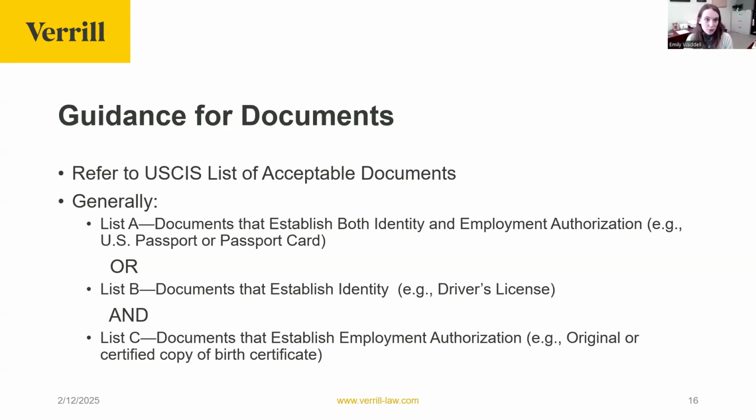You don't need to do that. You just want to take whatever will validate their identity and work authorization. We don't need to go over, as we talked about in the beginning, what our obligations are.